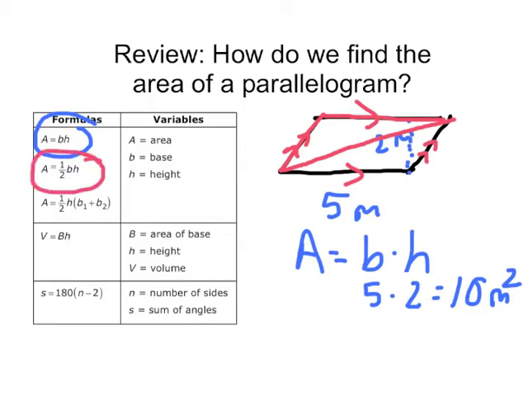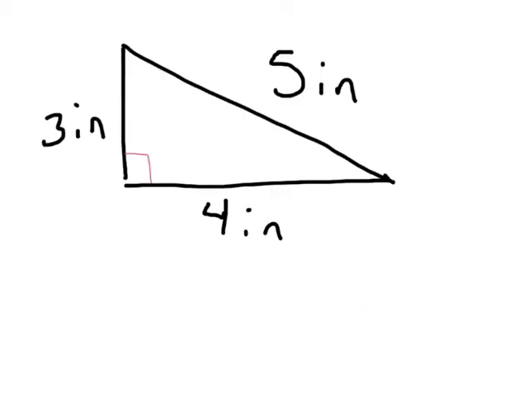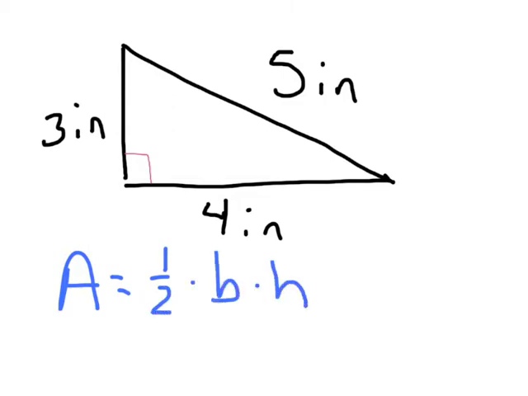This is the rule for finding the area of a triangle. The area is going to be 1/2 times the base times the height. So let's try this one out. The area of this triangle is going to be equal to 1/2 times the base times the height.